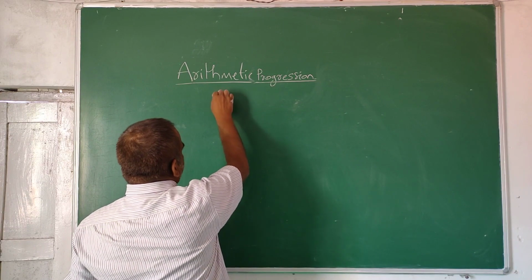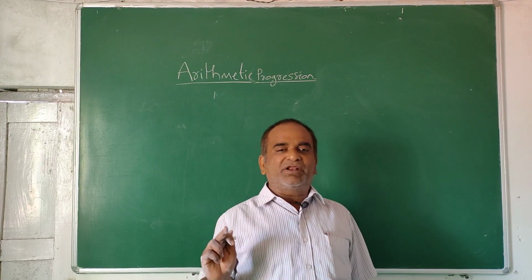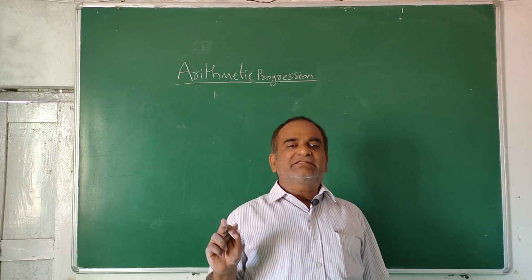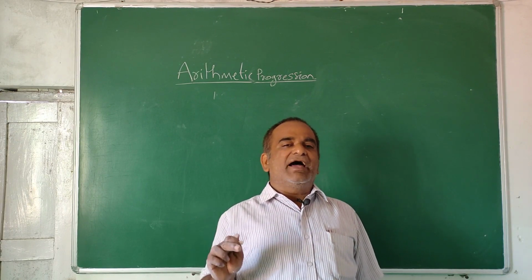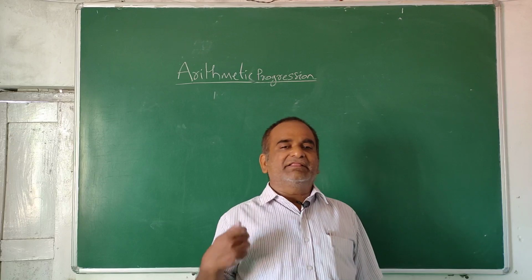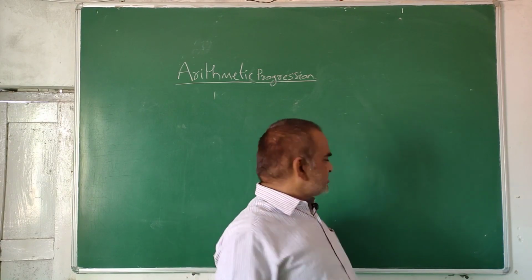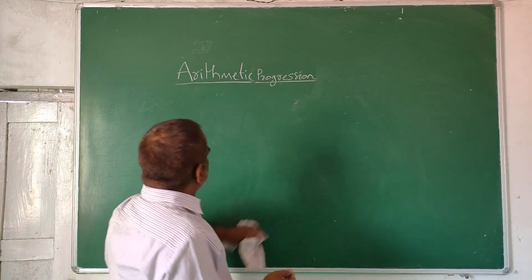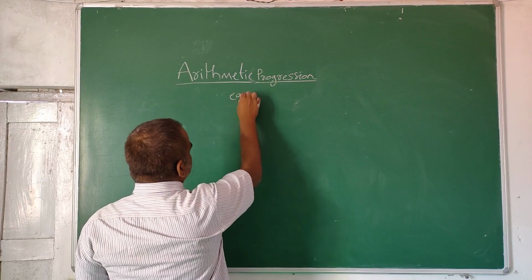See, in a progression, I am not going to write, once again I will repeat, just listen. In a progression, except the first term, if each term is formed by adding a constant number to its predecessor, then so formed progression is known as arithmetic progression. So here I will give some examples for arithmetic progressions.